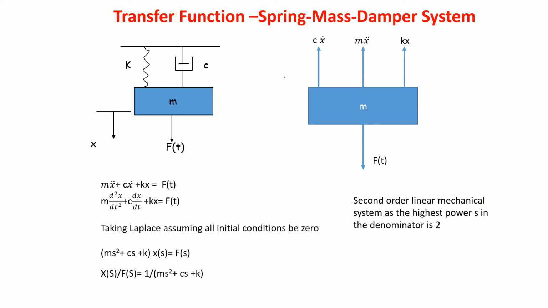Now let us look at the transfer function of a spring mass damper system. I'm just giving a rough example like this. Say it's a car.